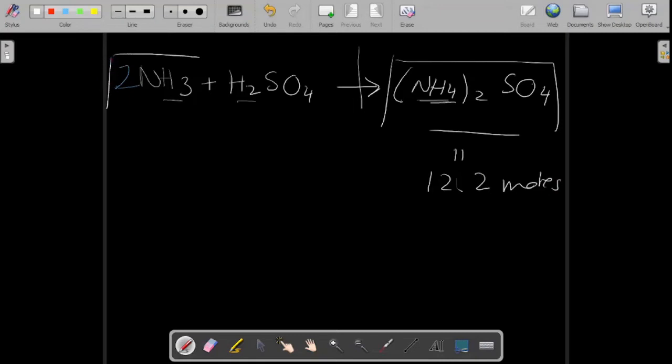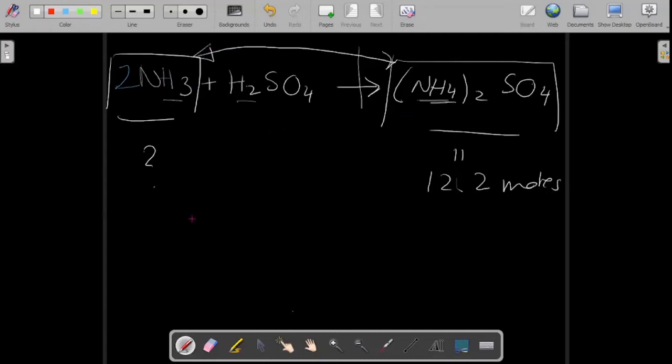This is the ammonia right here. They don't know how much ammonia. So we're going to use stoichiometry to solve this. The first thing you need to do is to read the recipe. The two things that we need to connect are these two things right here, the ammonia and the fertilizer. So what does it say here in the recipe? It says 2 moles of ammonia will produce 1 mole of the fertilizer.